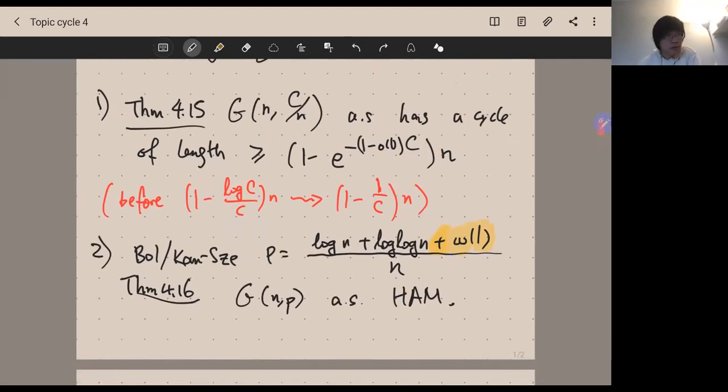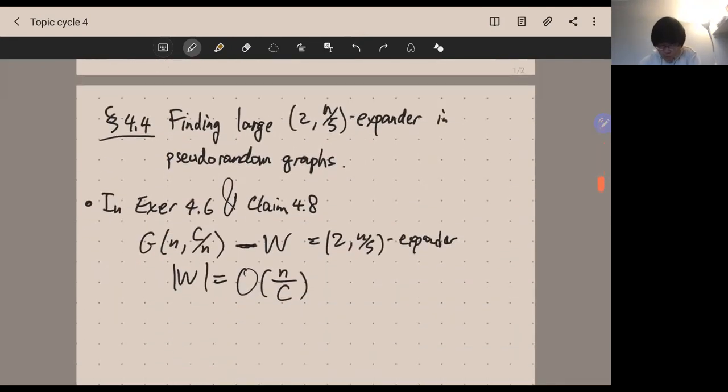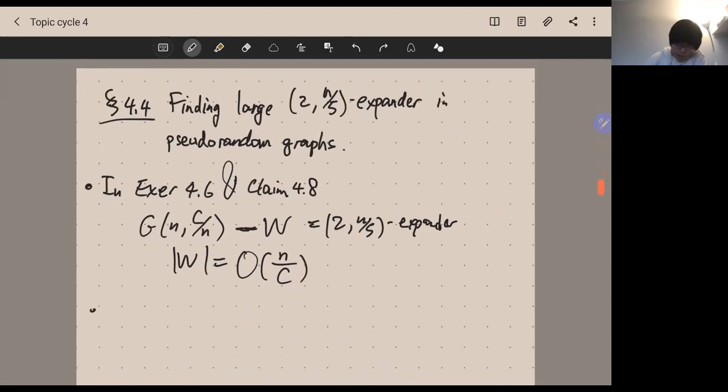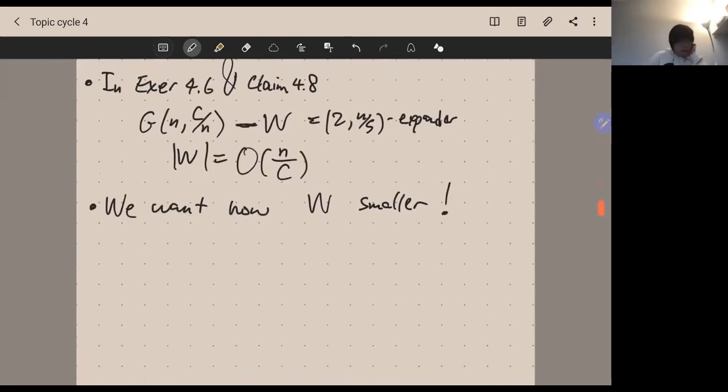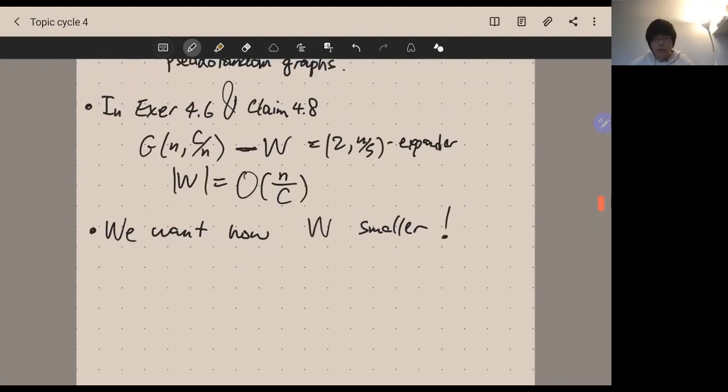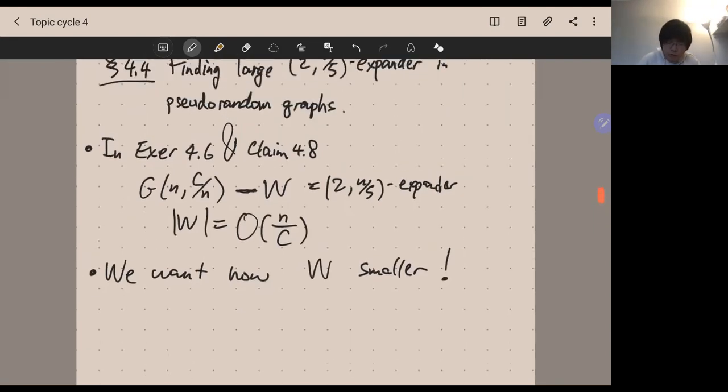So this is what we're going to do. We want W smaller. Okay? A more economic way to do so. As usual, instead of directly working on a random graph, we prefer to work on a pseudo-random graph.